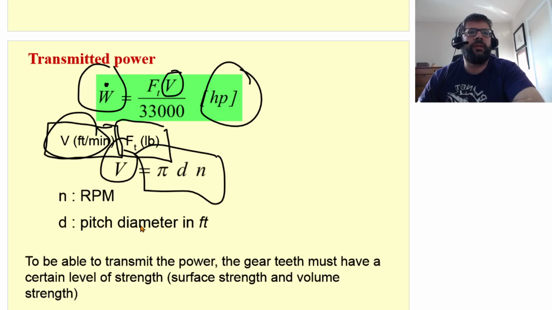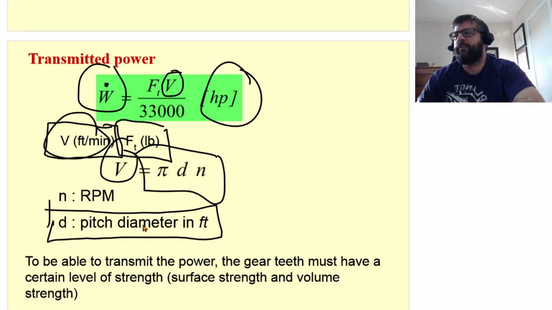Again, keep in mind we want our pitch diameter in feet. Usually it'll be given in inches, so you may want to divide by 12 there.